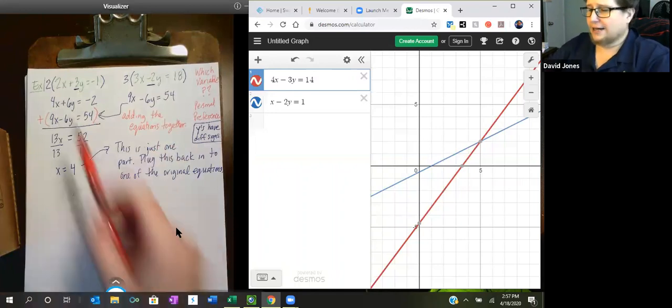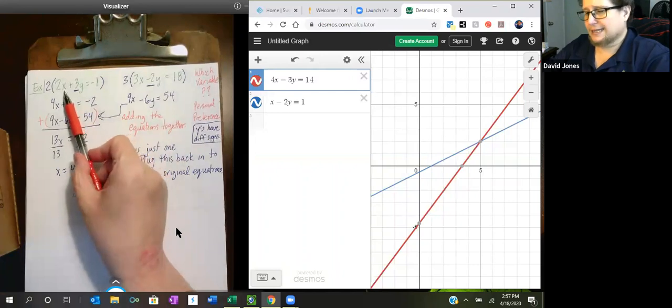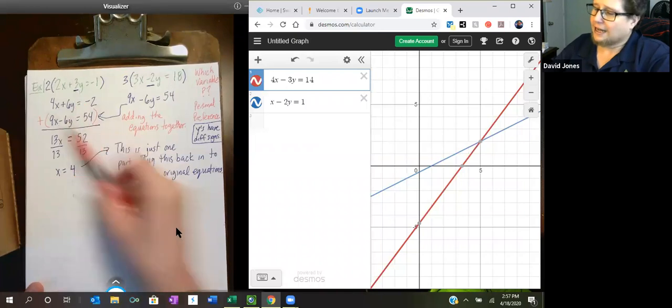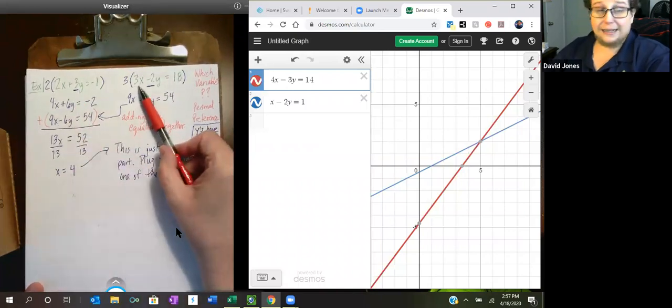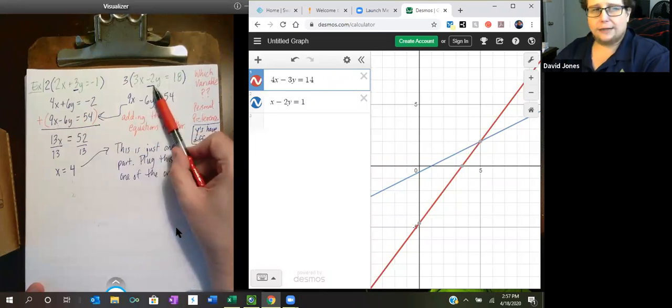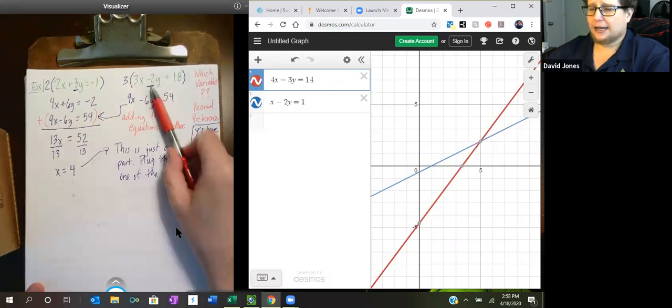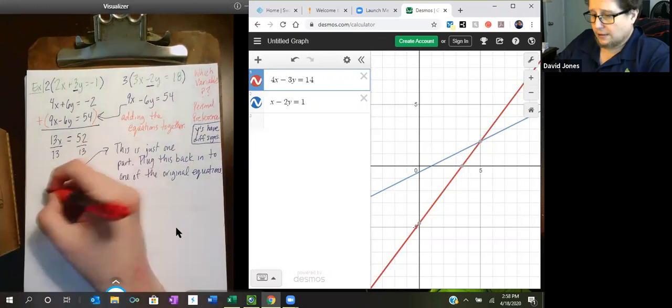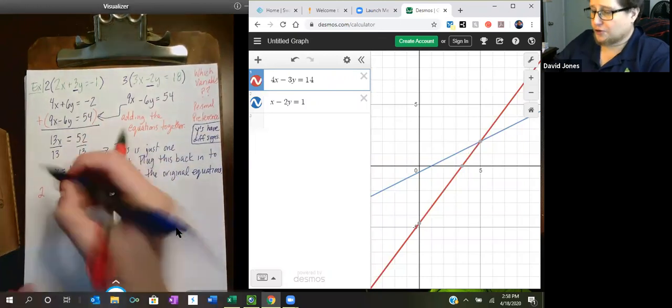If I put it in here, 2 times 4 is 8. That's easy. This has got a positive coefficient. That's kind of nice. If I plug it in here, 4 times 3, that's also easy. It's 12. Here's a negative coefficient. I'm going to make a mistake more often with a negative coefficient than I am a positive one. So I'm going to focus on the one that has a positive coefficient.